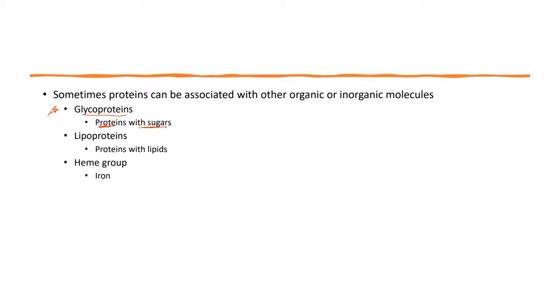Sometimes you can mix proteins with lipids, and you make something called lipoproteins, proteins with lipids. In the case of hemoglobin, this protein has to be able to pair up with a heme group. The heme group is going to have iron, and iron really is going to be able to attach to the oxygen. And that, ladies and gentlemen, is what you need to know about proteins.